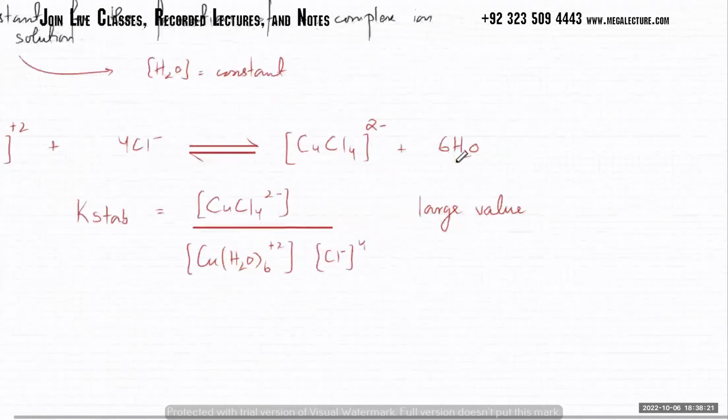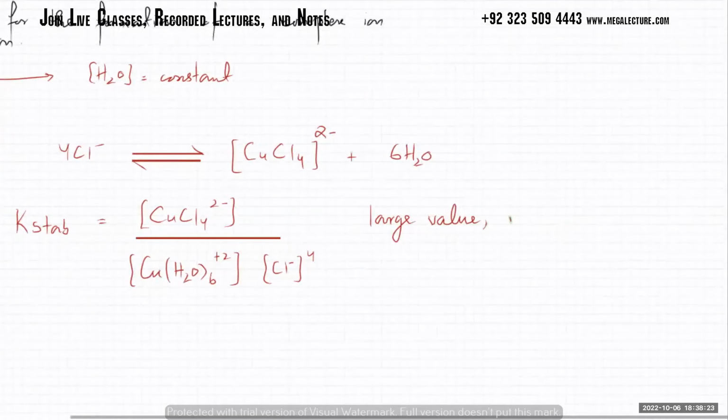So large value indicates more products, right? That means you've got a stable complex. And what that word means is that there's a much greater chance of the complex forming. So more chances of the formation of the complex.